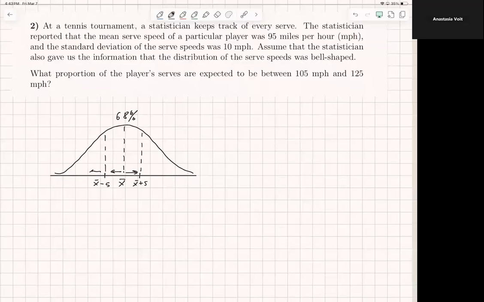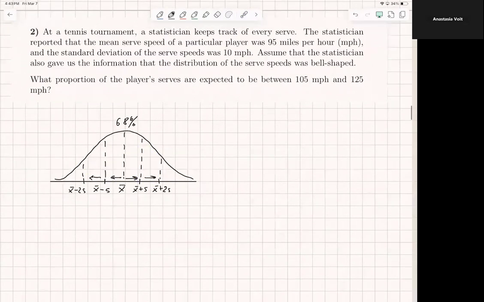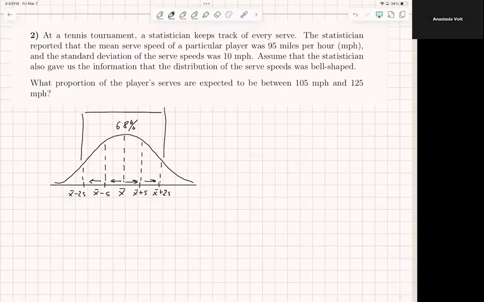Then once we move the same 10 units to the left and to the right, we have mean minus two standard deviations away and mean plus two standard deviations away. That's going to cover all of these values, right? That's going to cover 95% of all the data.